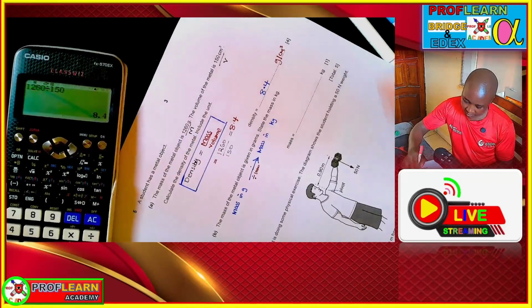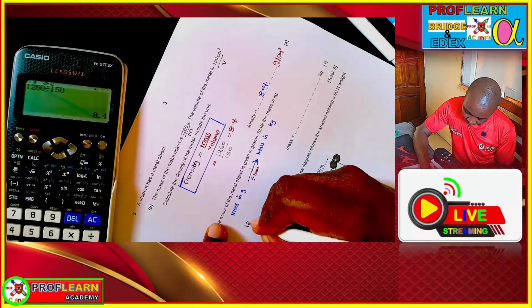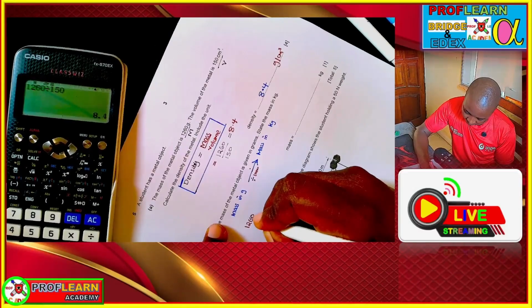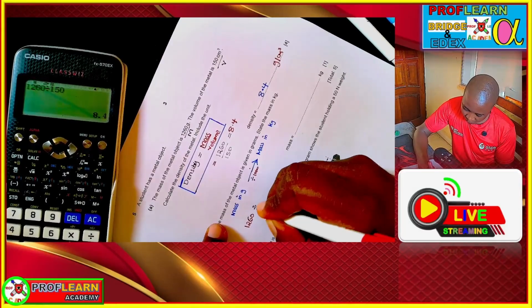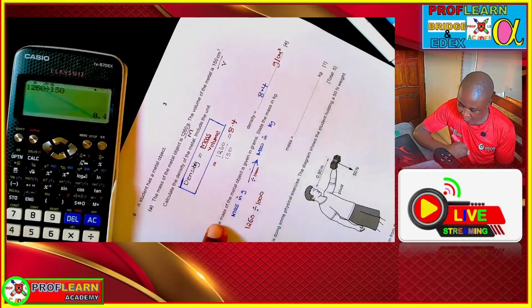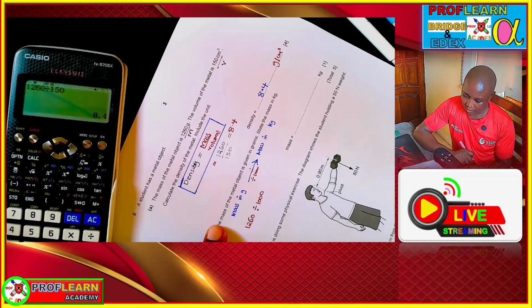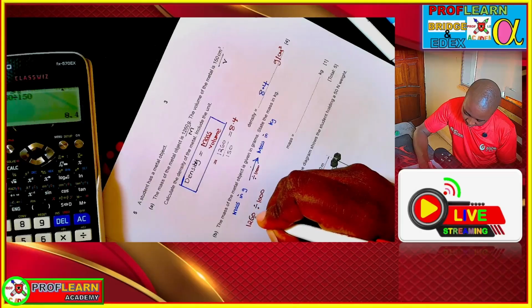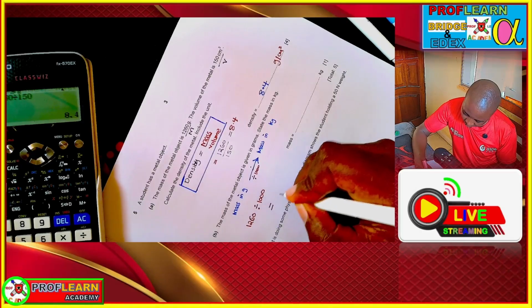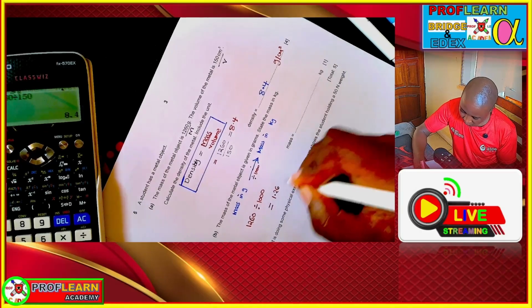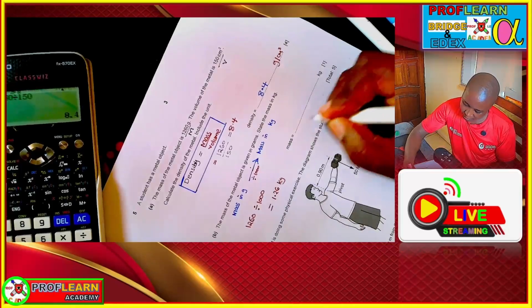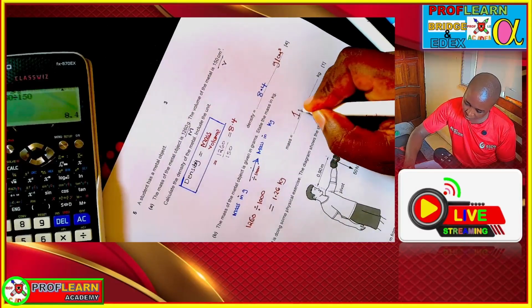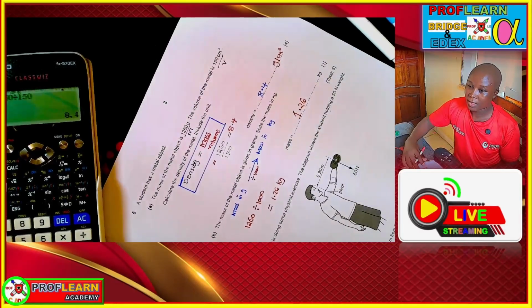In this case, we were given 1260 grams. To convert it to kilograms, we should divide this by 1000. If you divide this by 1000, you're going to get 1.26 kg as the mass in kilograms. So this is going to be 1.26 kilograms.